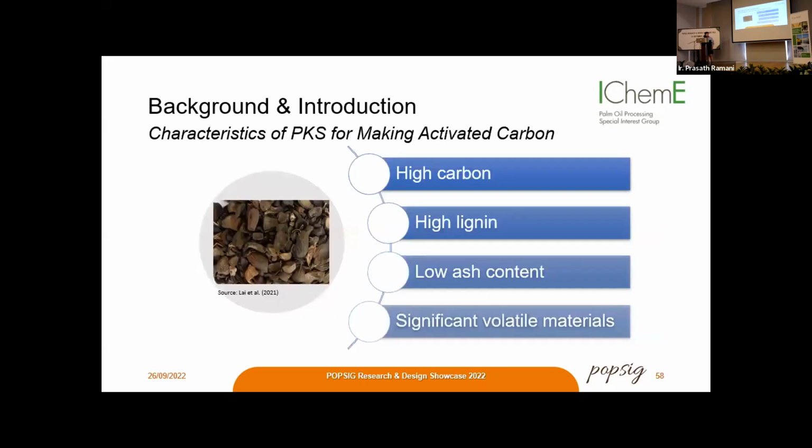Apart from that, the characteristics of PKS, such as high carbon, high leaching, low ash content, and significant volatile materials, can assist in generating active surfaces and pore formation in its derived AC with high surface area and more porosity. Besides, its hard surface can prevent the carbon structure from melting during high temperature thermal heating.